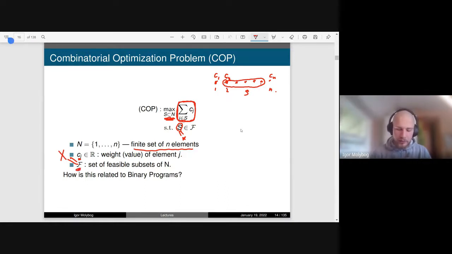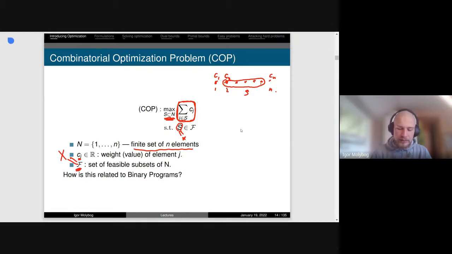We are not talking about how exactly this set is given to us, but it is some calligraphic F that takes the role of capital X in the very general formulation of the optimization problem that we have given.